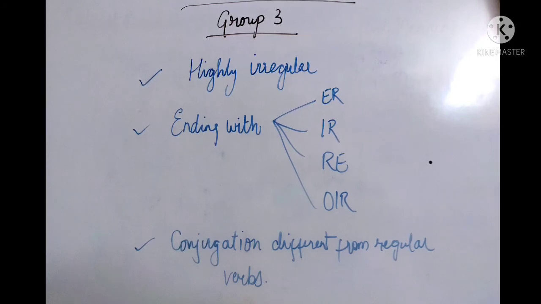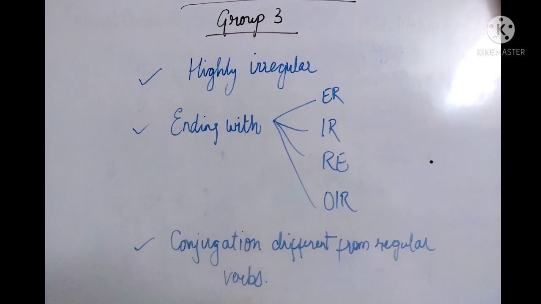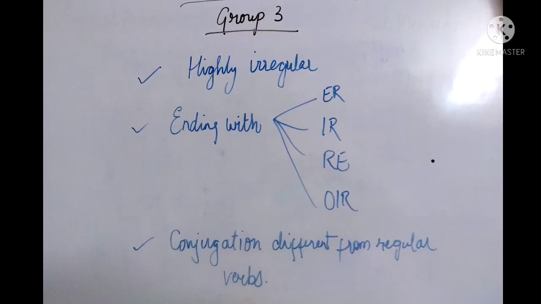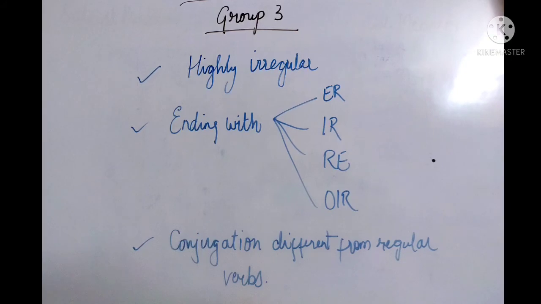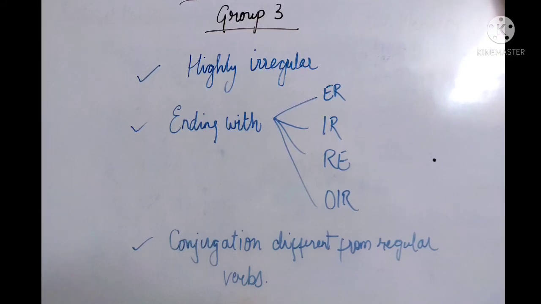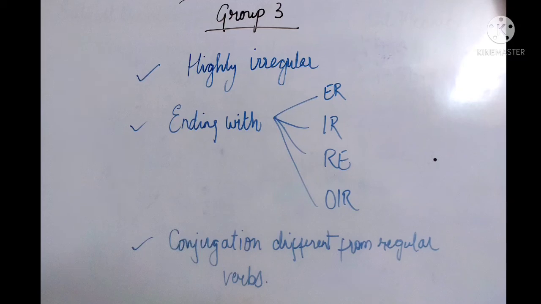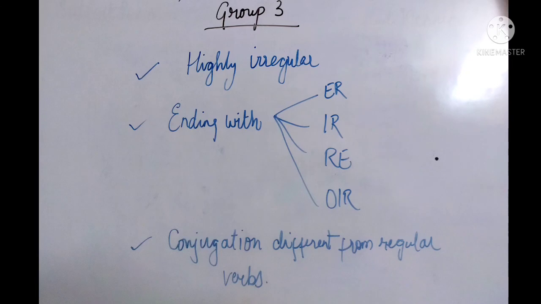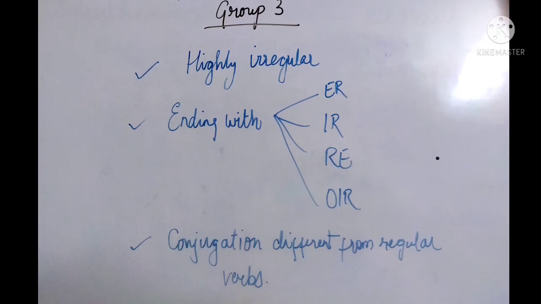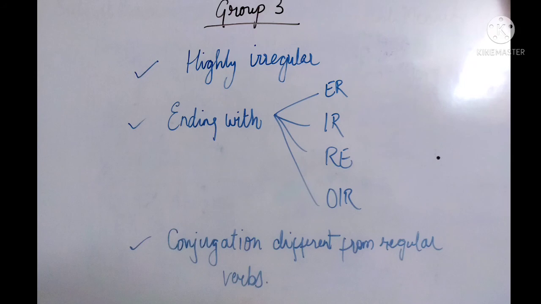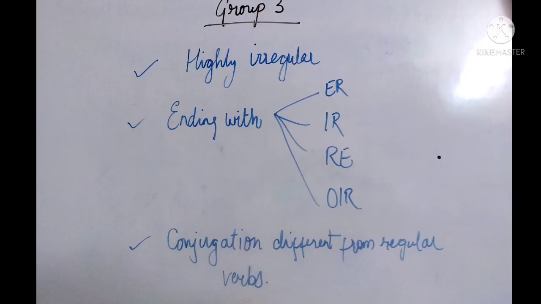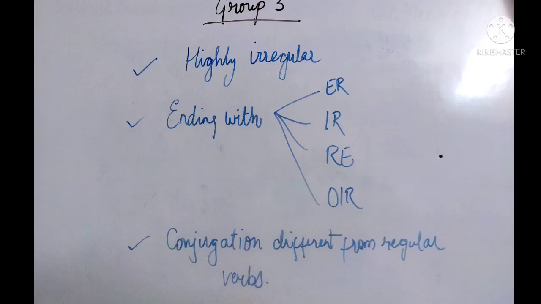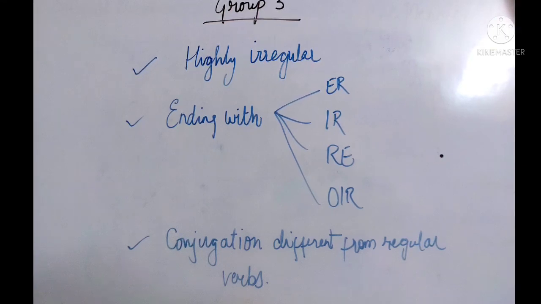One more thing: I just taught you group 1 was ER, group 2 was RE and IR, and group 3 is with all these four, ER, IR, RE, OIR. In some places or in some books, you will find that these verbs are divided in a different way. But that does not matter, guys, because what matters is the conjugation.